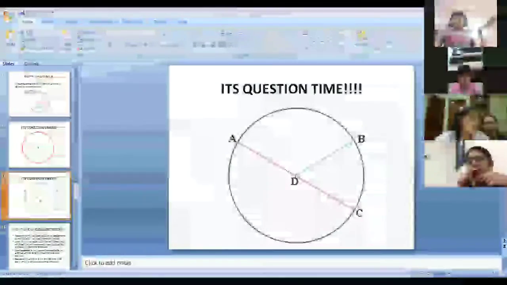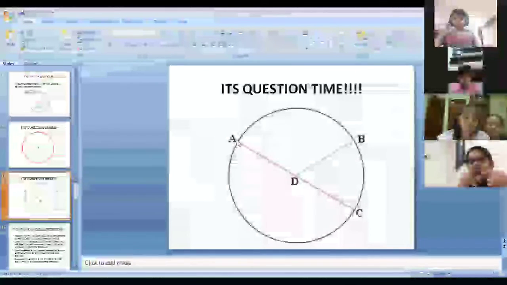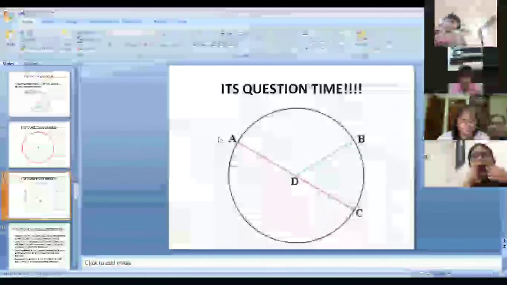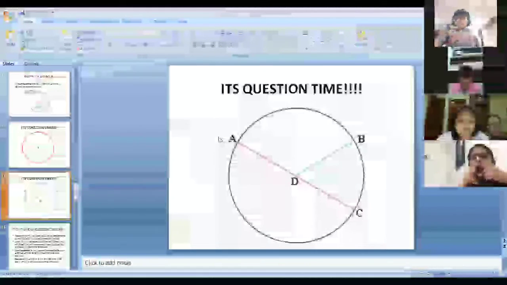Now, what is this AC? The line joining any 2 points on the circumference passing through the center. What is this AC? Just raise your hand. Wait. Diameter. Yes, Janvi. Diameter. Very good. That is known as the diameter of the given circle.